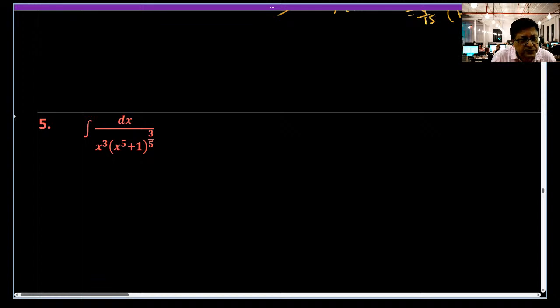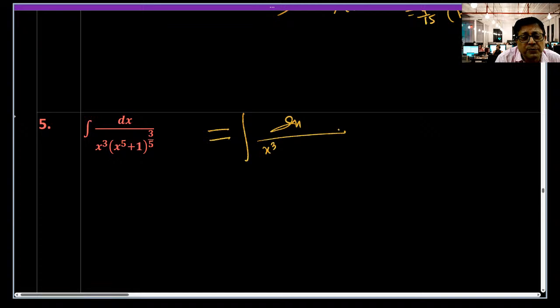How to do it? Take something common again, like the previous one. Here 5 is there, to the power 3 by 5 is there. Why don't you take common from there? Take x to the power 5 common.